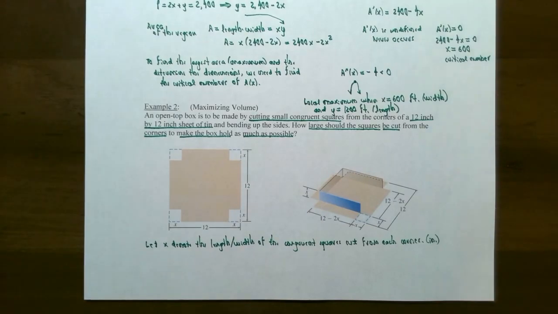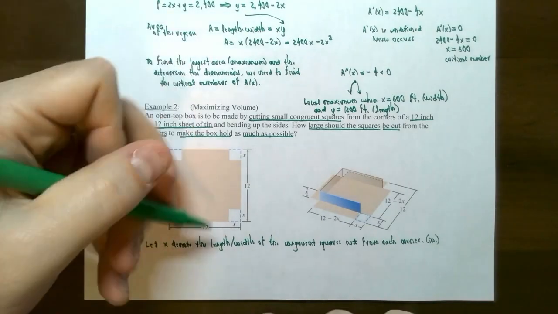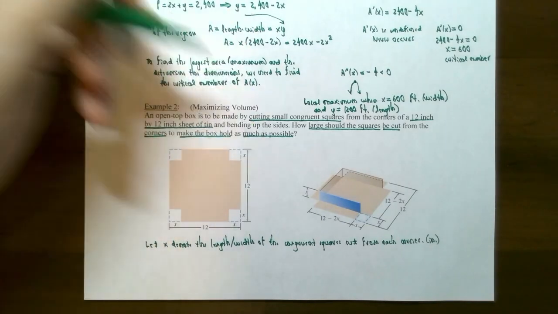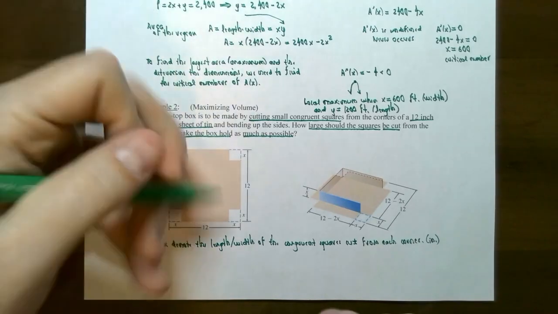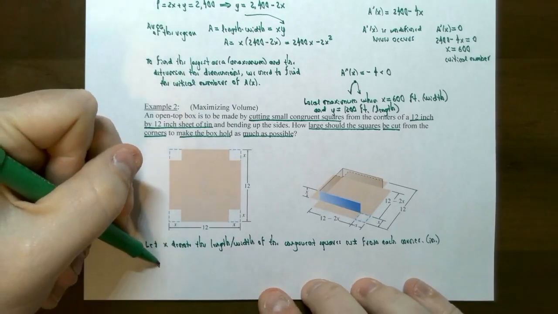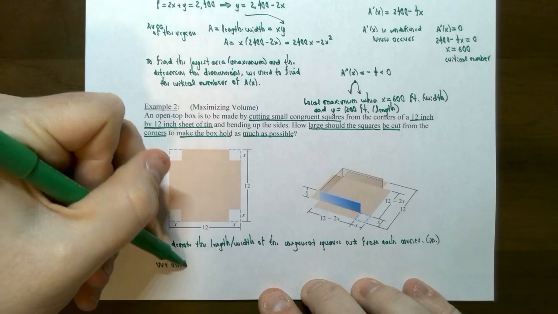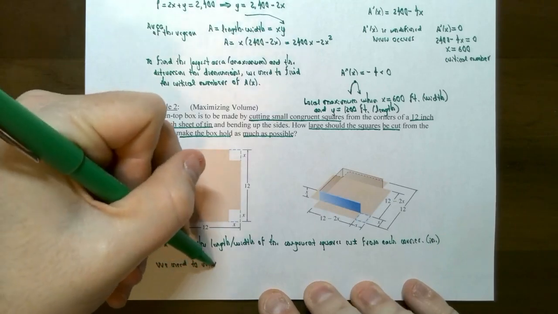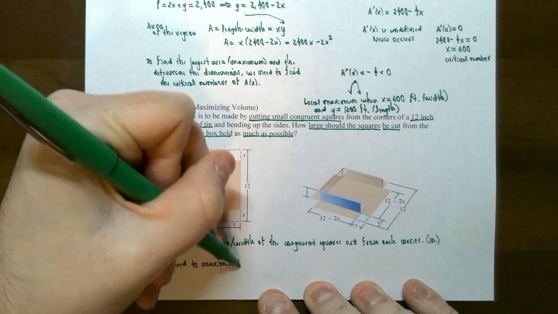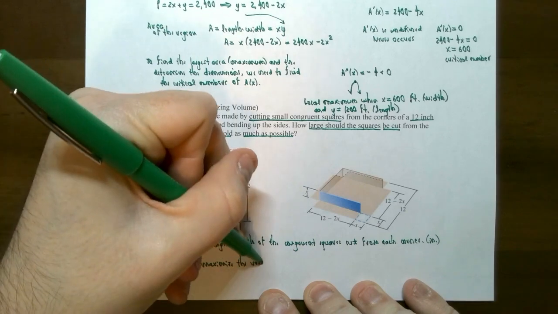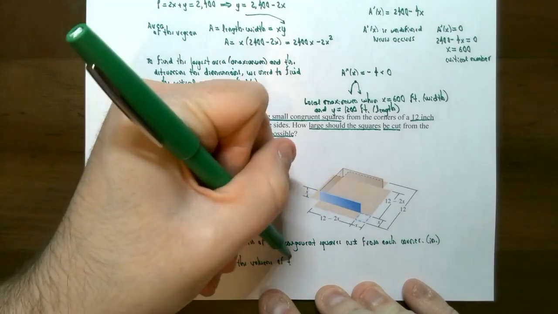All right, so now what are we trying to maximize? We're trying to have the box hold as much as possible, and that's referring to volume. So we need to maximize the volume of the box.